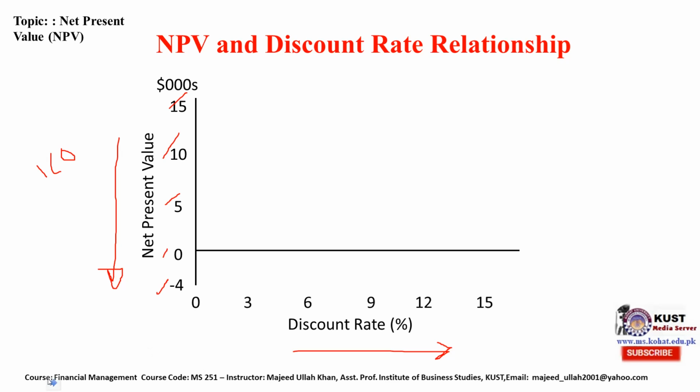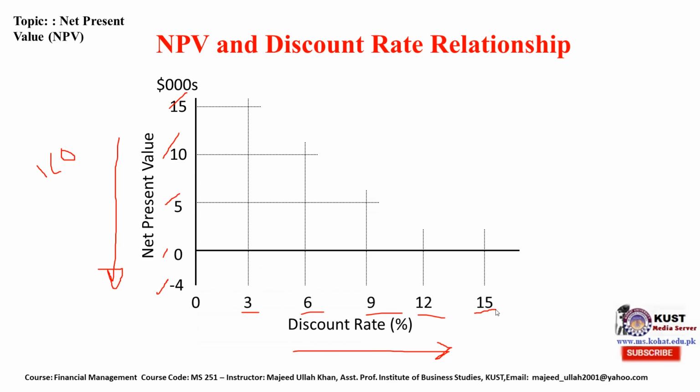This is the discount rate: 3%, 6%, 9%, 12% and 15%. We will discuss what relationship exists between discount rate and NPV. As I told you earlier, there is an inverse relationship between net present value and discount rate.